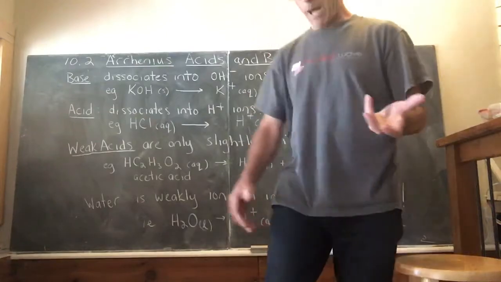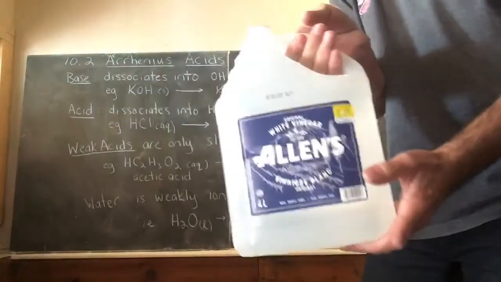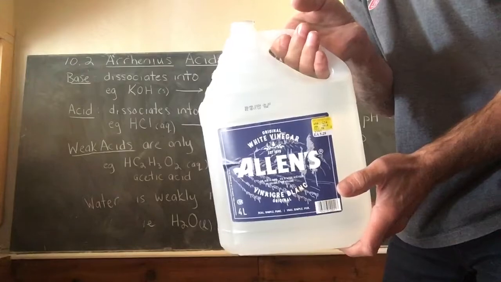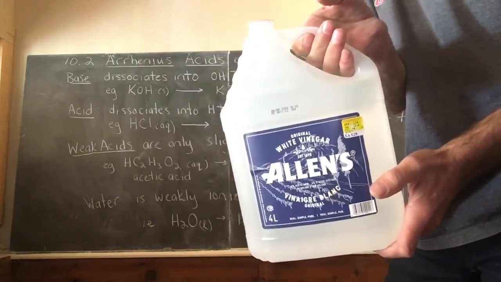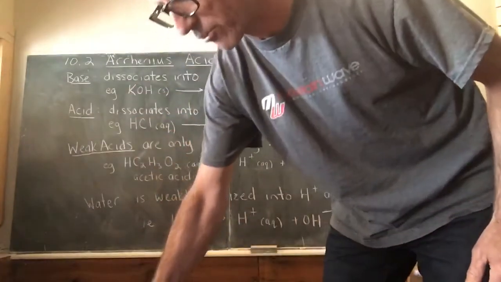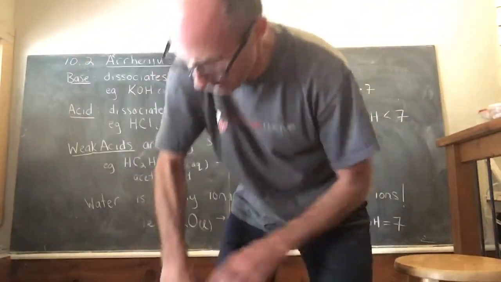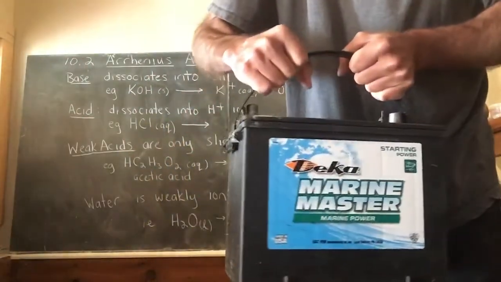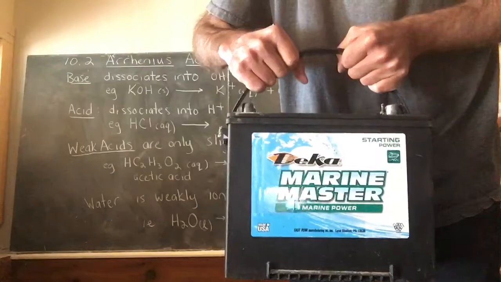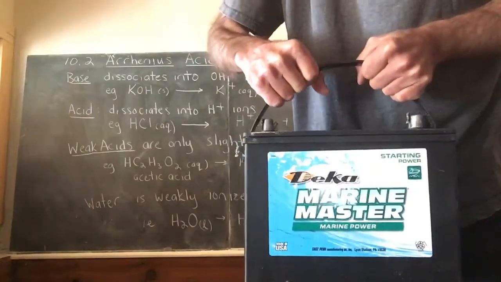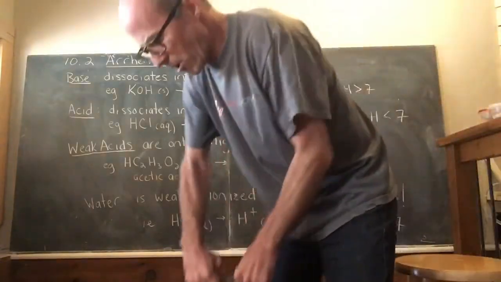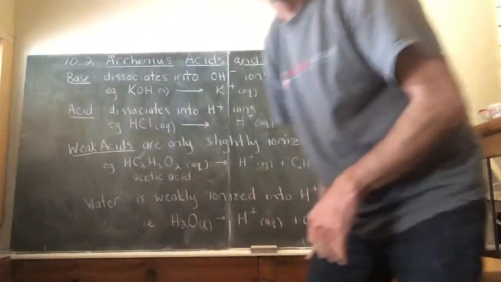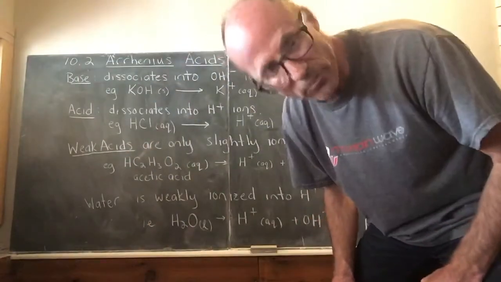But we can go back to our vinegar. We know we can put vinegar on French fries. Ironically, you're not going to put hydrochloric acid on French fries or sulfuric acid. I actually found my marine battery for my boat. This is full of H2SO4. That's a very strong acid, and you don't want to put that on your French fries.